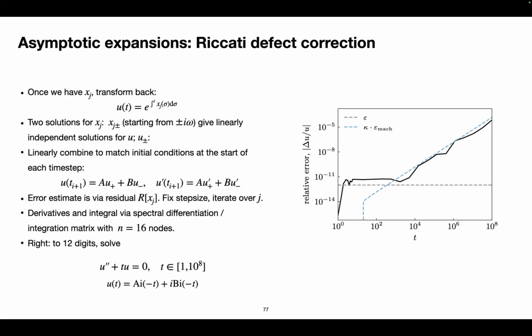But it actually doesn't. What I'm plotting in dashed blue is the maximum expected accuracy of any numerical method solving this equation. This equation is an example of an ill-conditioned problem. I mentioned this at the start, but this means that if your initial condition was changed a tiny little bit, then the answer would change a lot as well.